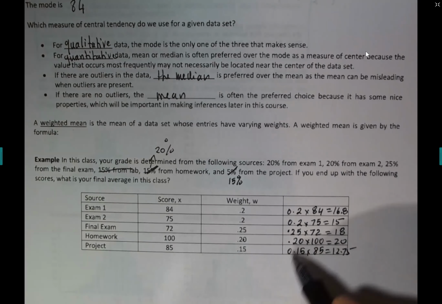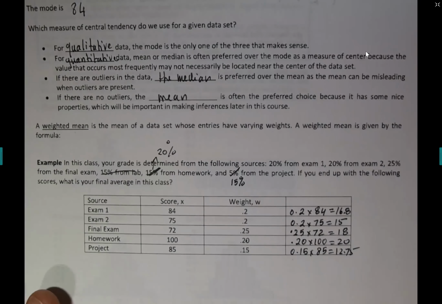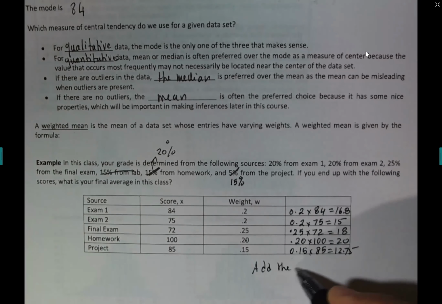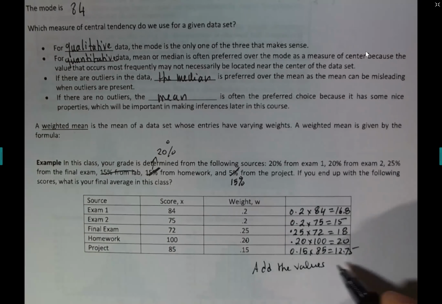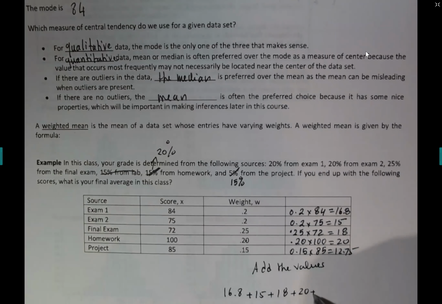And what do I do with those numbers, guys, to figure out your final grade? Any suggestion? Adam? So it will be 16.8 plus 15 plus 18 plus 20 plus 12.75.